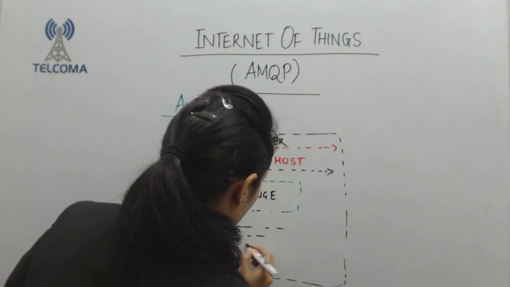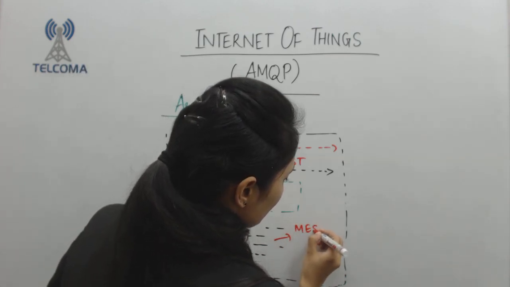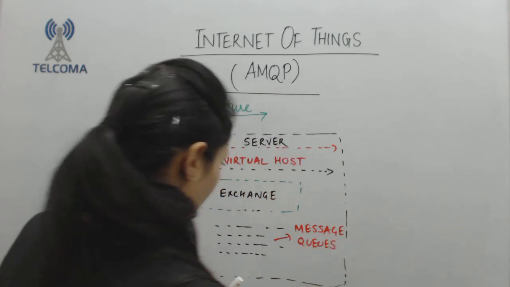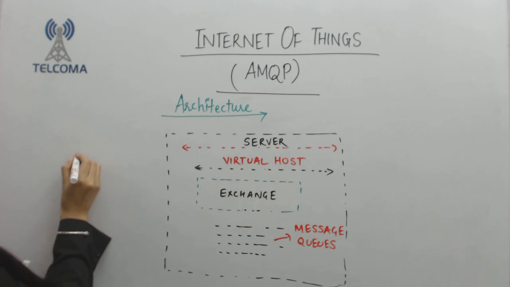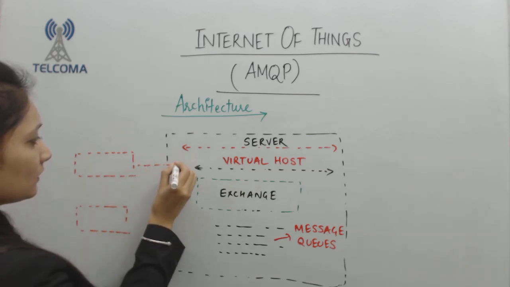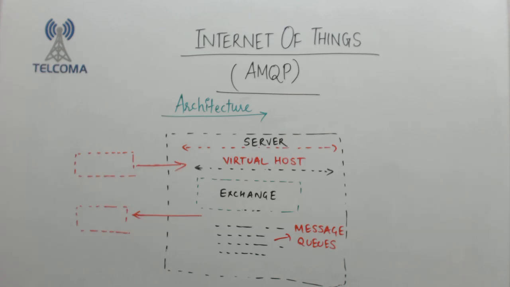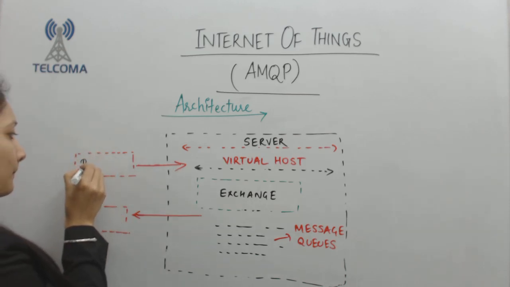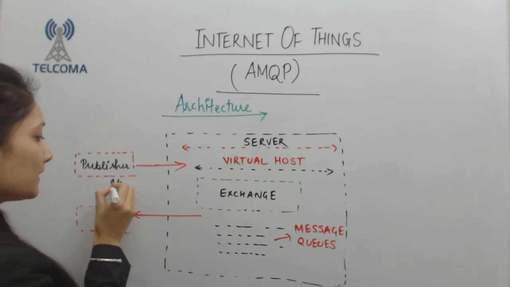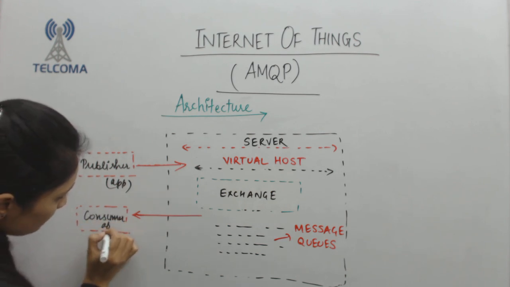Then I have these message queues. Now, above that, I have here the client publisher, or we can say a publisher application, and here I have the consumer application or the consumer client.